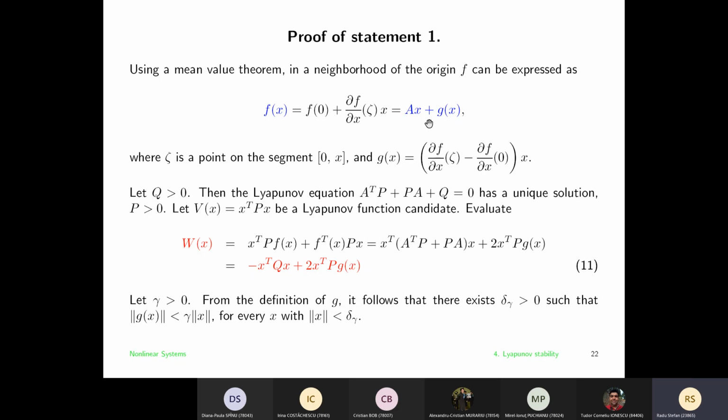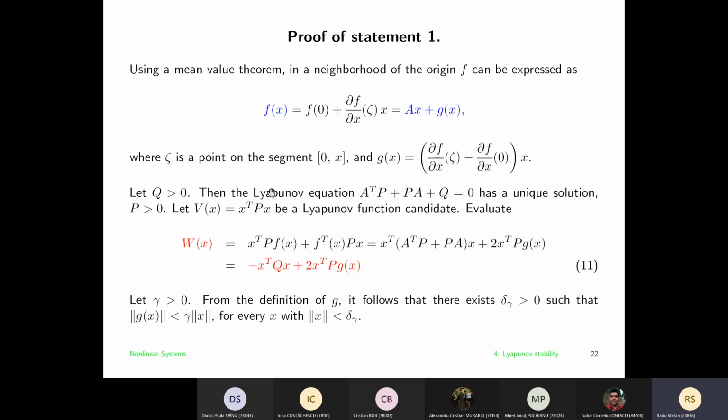So we end up with this expression, Ax plus g of x, and g is this one. Okay. And now the claim is the following. We'll prove that the origin is asymptotically stable by taking the Lyapunov quadratic form associated to A, to the Jacobian matrix associated to the vector field f.